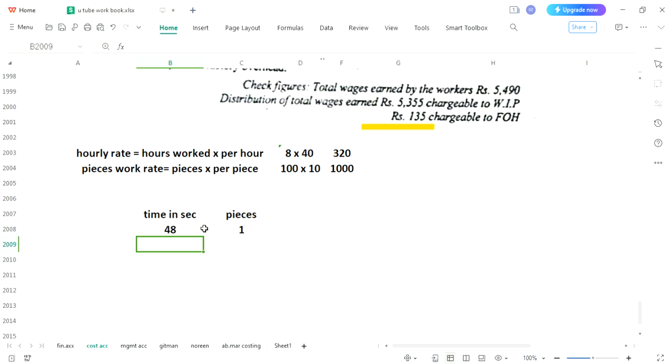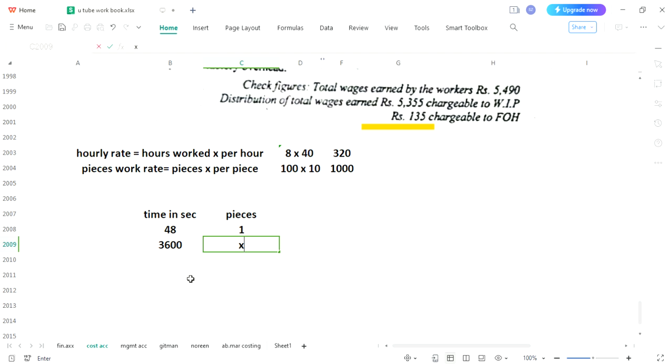As we know, in 1 minute we have 60 seconds, and total minutes in 1 hour are again 60. So 60 multiplied by 60, 3600 seconds are present in 1 hour.